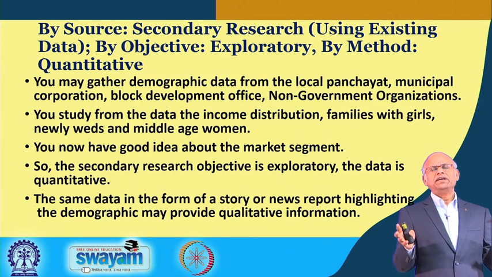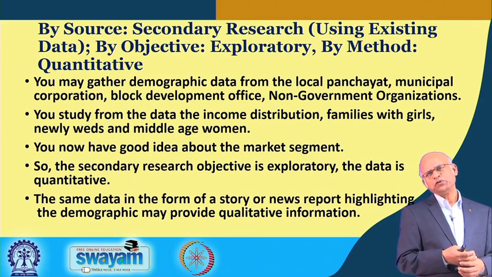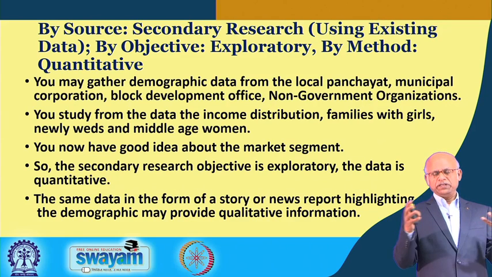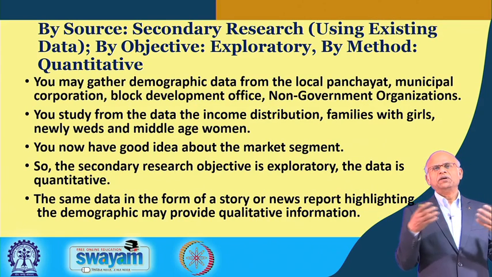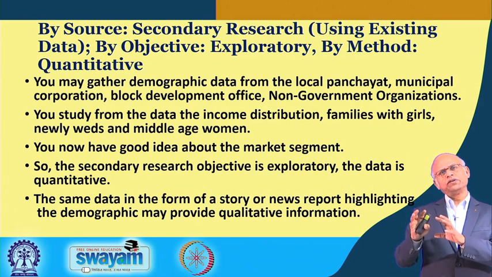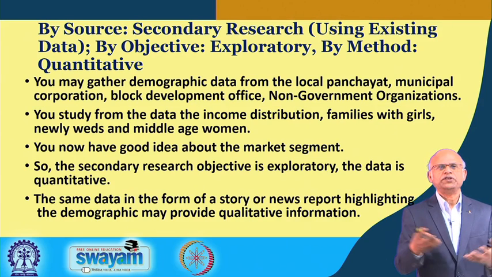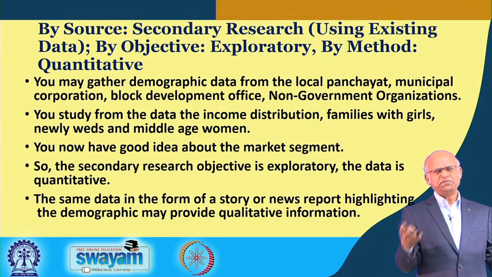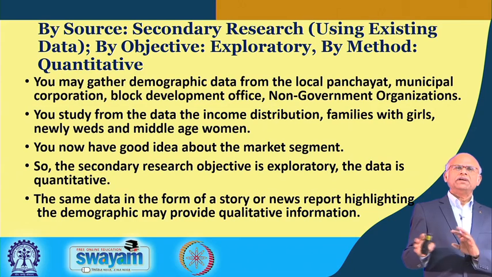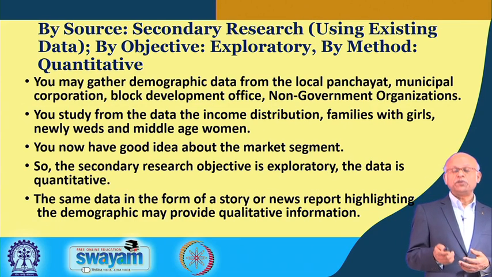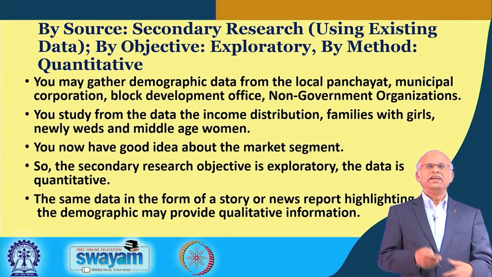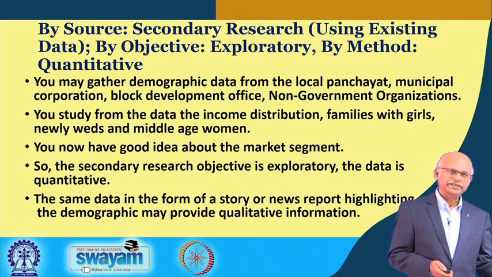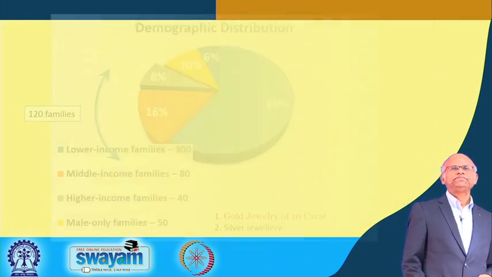Suppose you are reading some article in a newspaper or a magazine where the report suggests that in villages the majority of the people are middle income or something, that may be qualitative data, may not be quantitative. So, it is secondary, exploratory, then quantitative or qualitative.